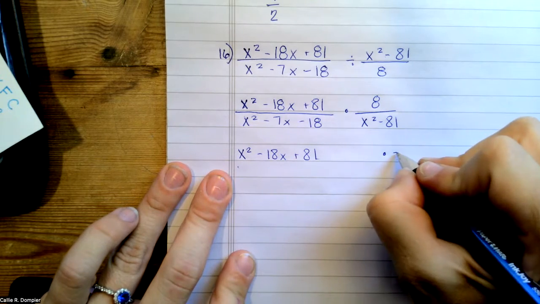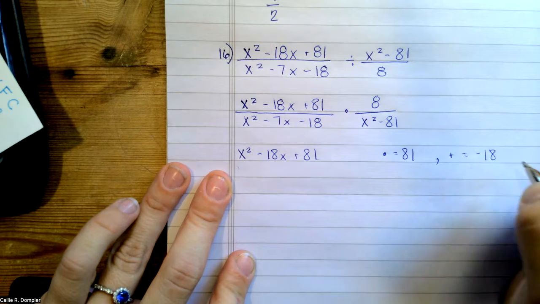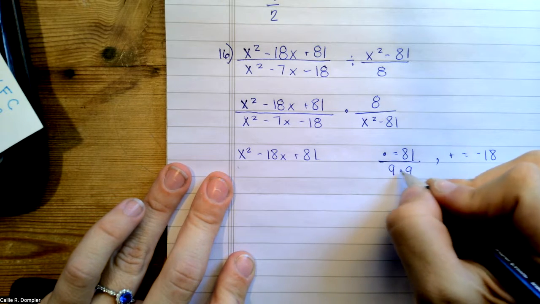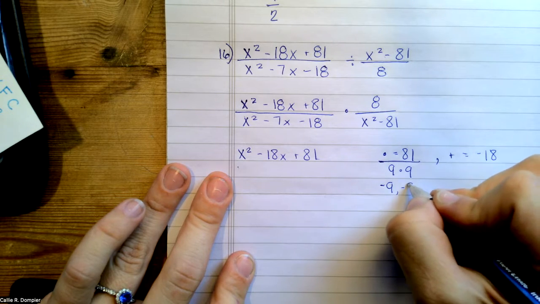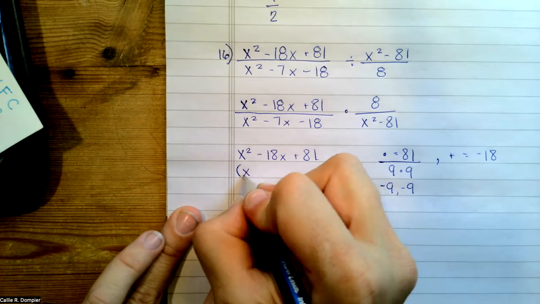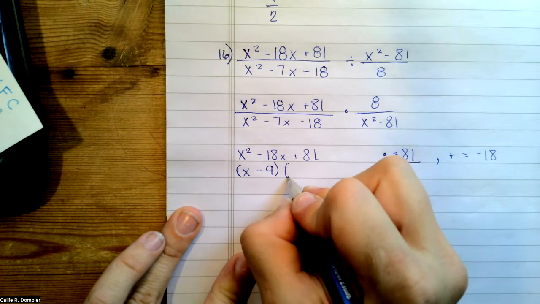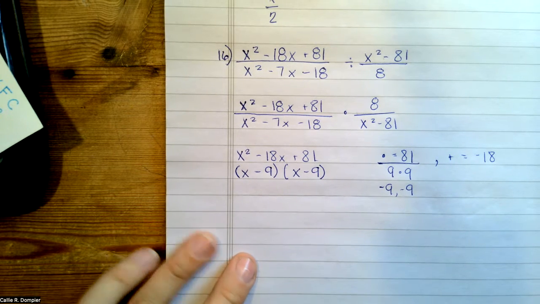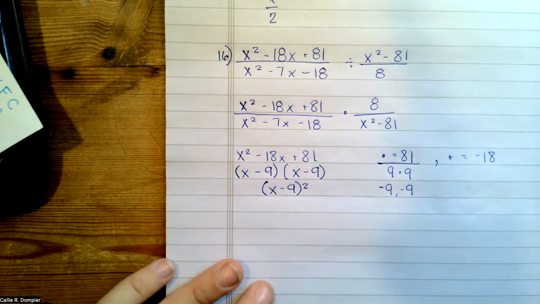I need two numbers that multiply to equal 81 and add to equal negative 18. 81 is 9 times 9. 9 plus 9 doesn't equal negative 18, but negative 9 times negative 9 does work. So this is actually x minus 9 squared. You can also write it as x minus 9 times x minus 9.